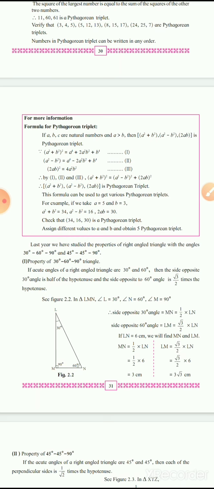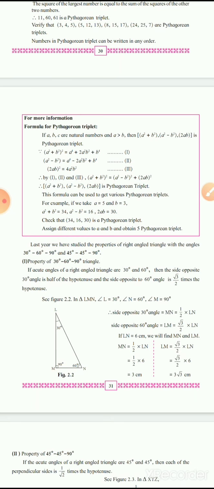So MN is equal to half of the hypotenuse. Hypotenuse means the opposite side of the 90 degree angle, means LN. So MN is equal to 1 upon 2 into LN, and the side opposite the 60 degree angle N is LM. So LM is equal to root 3 upon 2 into LN.